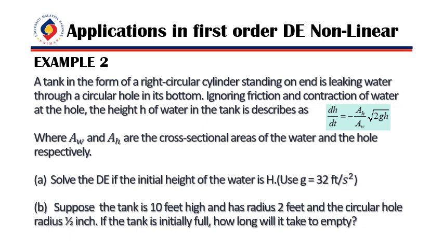So you are given this equation here, this is the height, where A sub w and A sub h are the cross sections of the water, so A sub w, and the hole, A sub h, respectively.